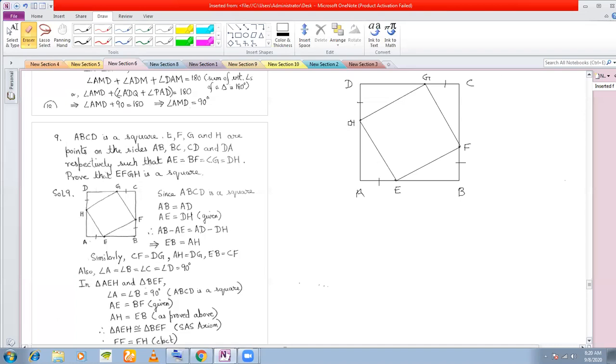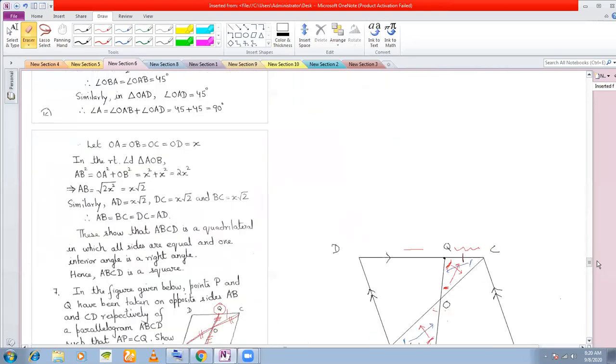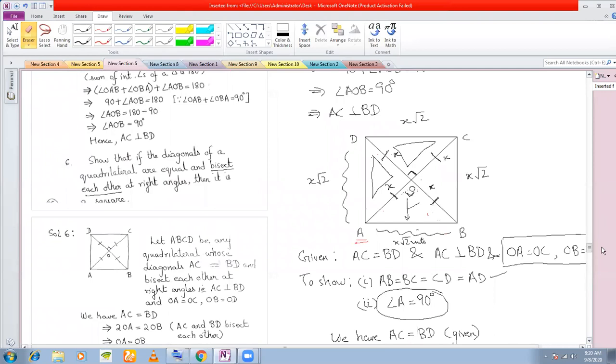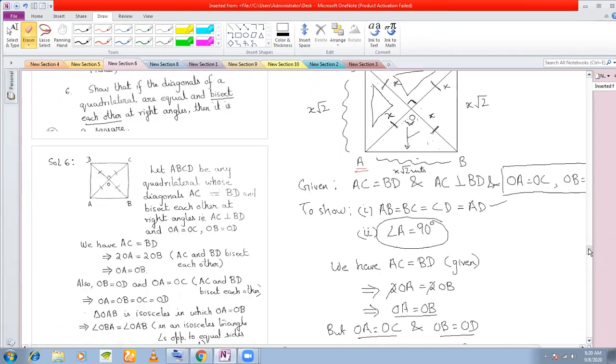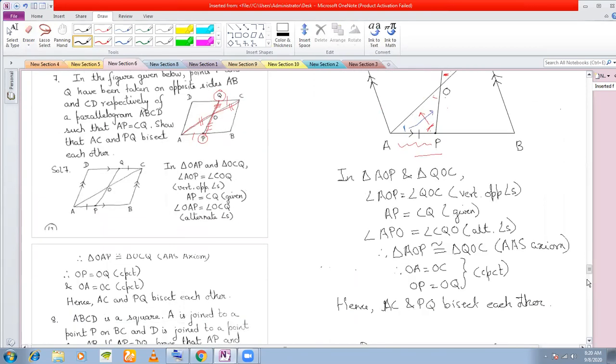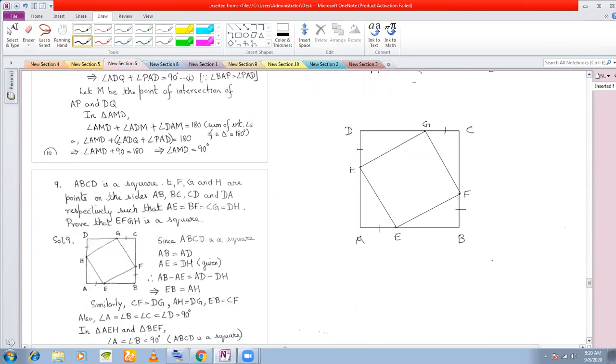And secondly, you have to show that one interior angle is 90 degrees. Remember, we had done a similar kind of problem here. This one. When we are proving this to be a square, we are showing two things: one interior angle 90 degrees and all the sides equal. That is exactly the same thing that we are going to do with this quadrilateral also.